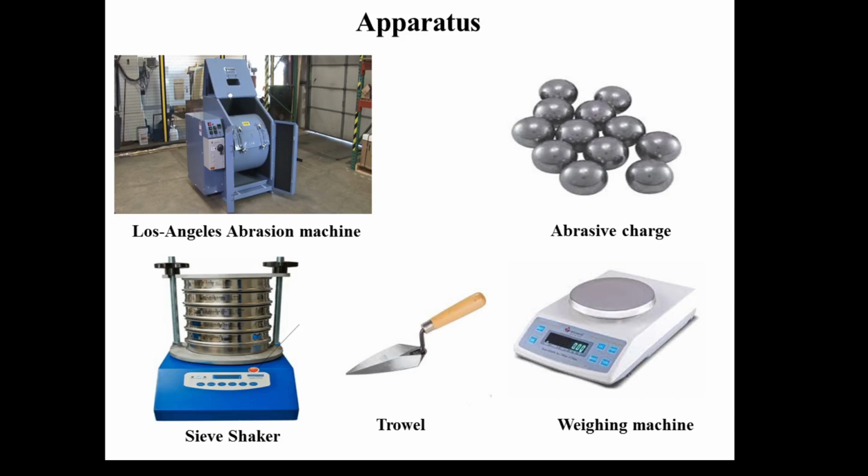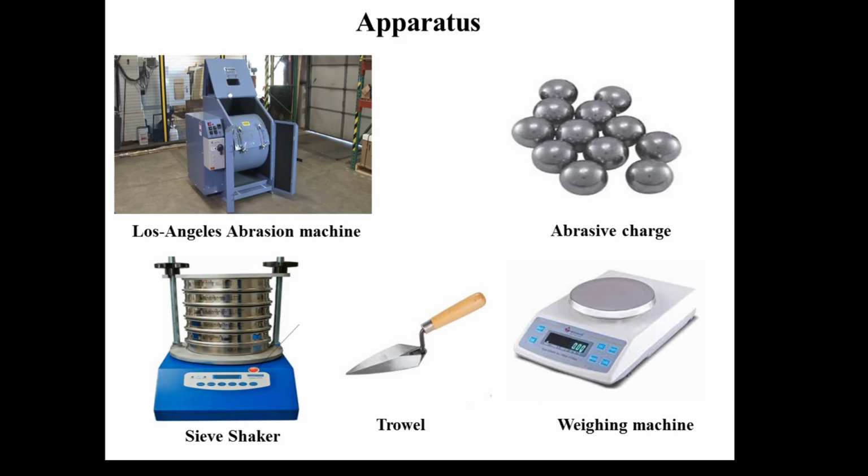The Los Angeles machine has a circular rotating drum of length 520 mm and internal diameter 700 mm, which is mounted on a horizontal axis. An abrasive charge, consisting of cast iron spherical balls of 48 mm diameter and weight 340 to 445 grams, is placed in the cylinder along with the aggregates based on the selected grading.